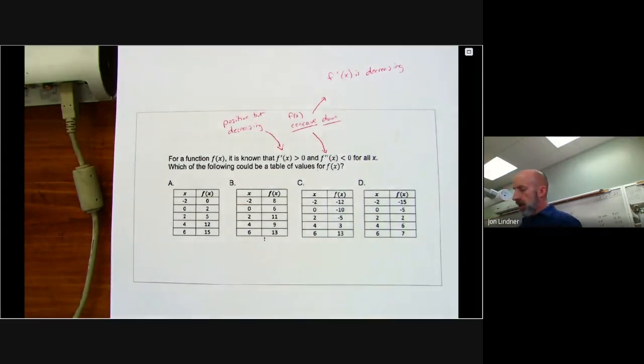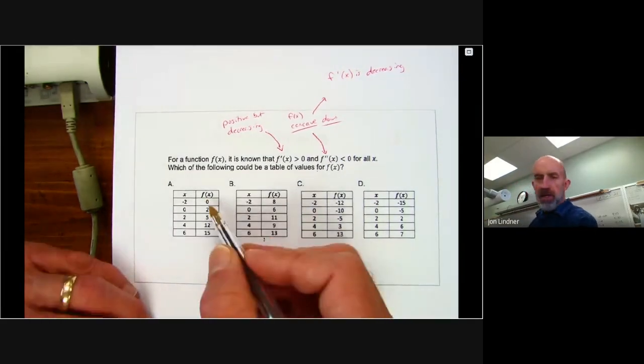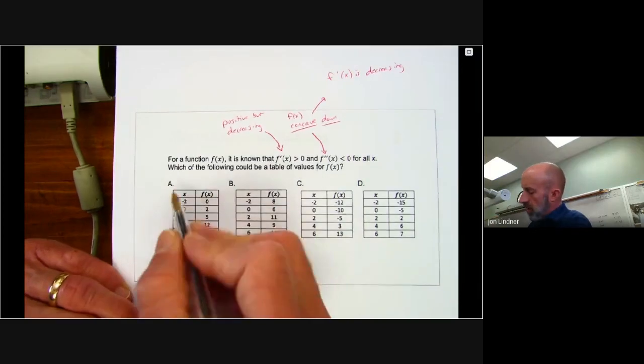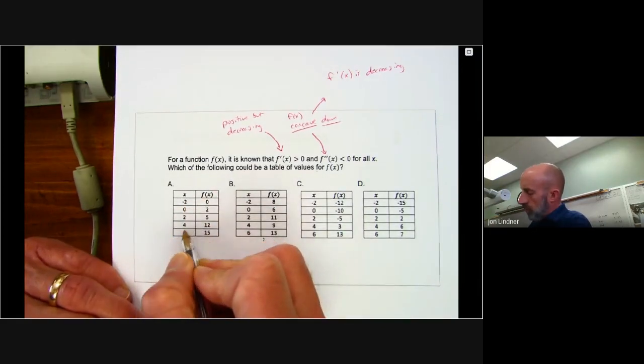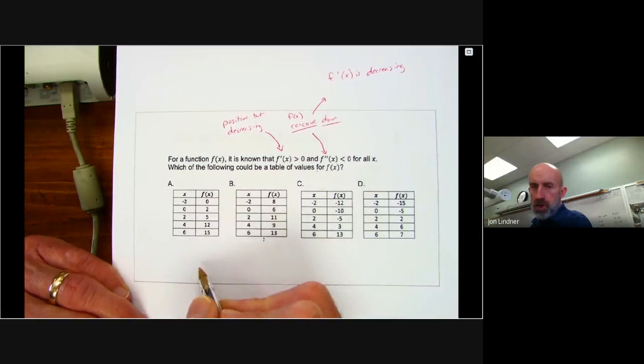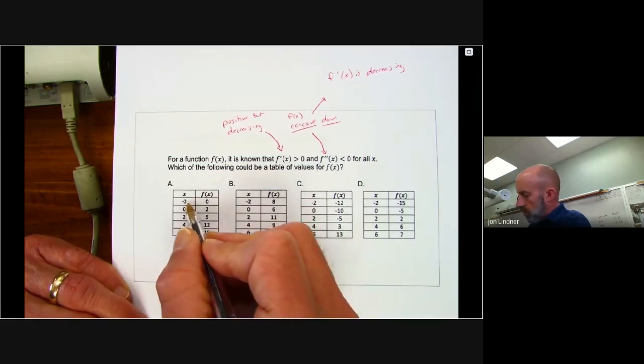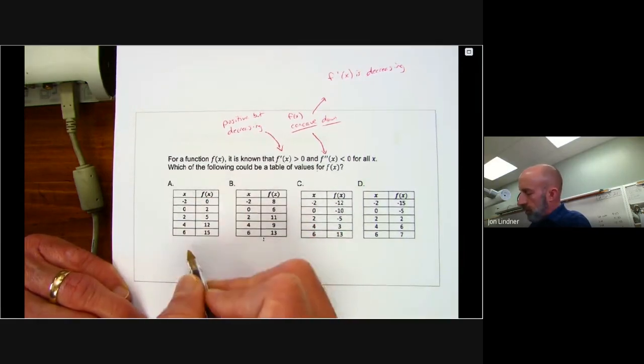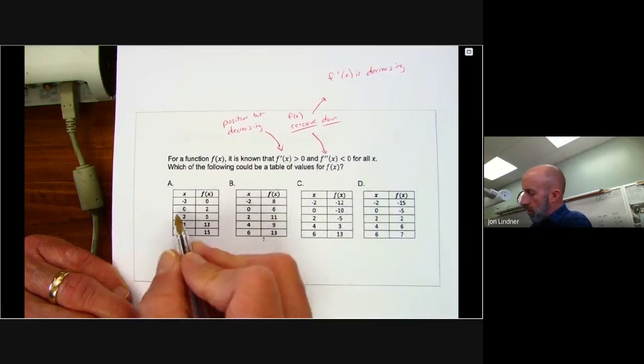All right, and one thing they did nice in all these table values is all of the x intervals are 2 units. We're working left to right, and all of these are 2 units.